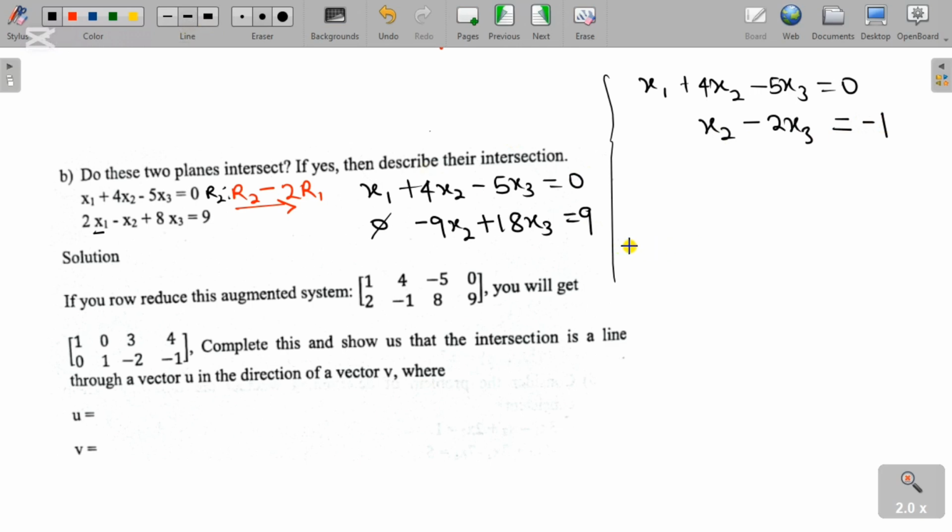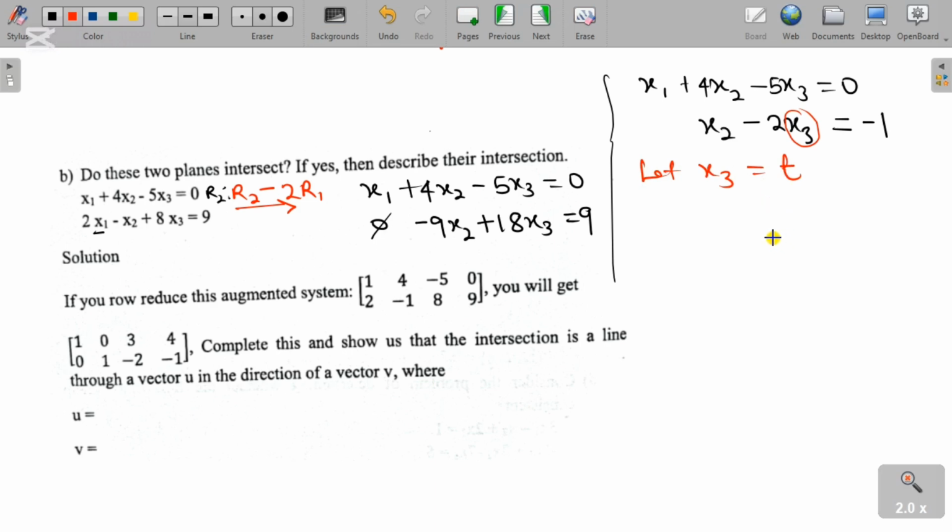Okay, so at this point, you can see that the only free variable we have here is x3. All right, so we can give x3 a name. So let our x3 be equal to t, or you can just leave it as x3 if you want.